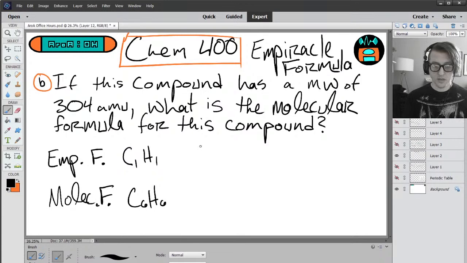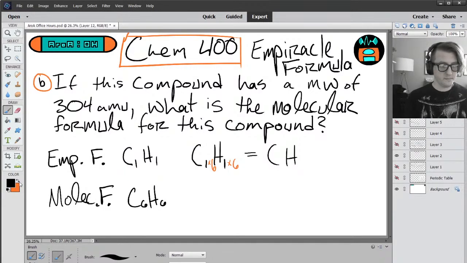If you took the empirical formula and multiplied your number of carbons and your number of hydrogens by 6, that gives you the molecular formula.